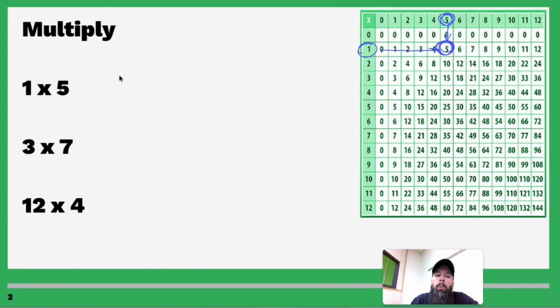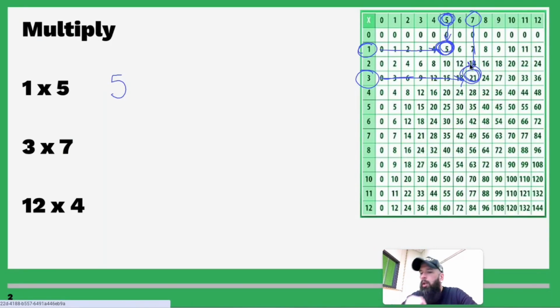So 1 times 5 is 5. If I wanted to do 3 times 7, I'll pick a 3 on one of them, a 7 on the other one, and line things up just like that, and I get 21. So 3 times 7 is 21.